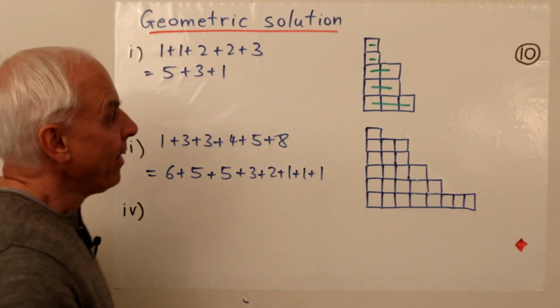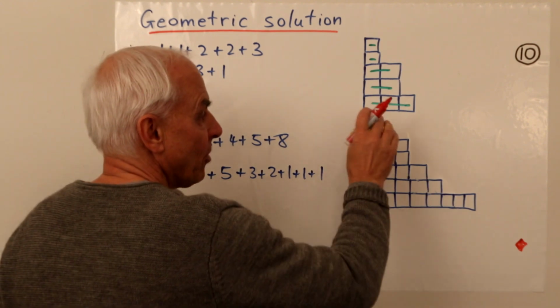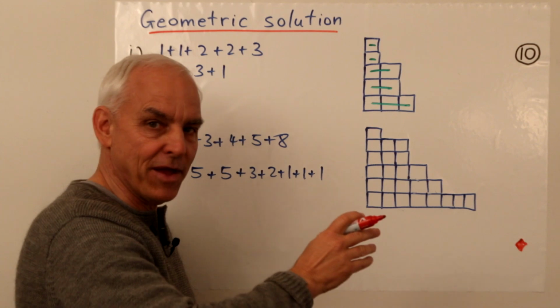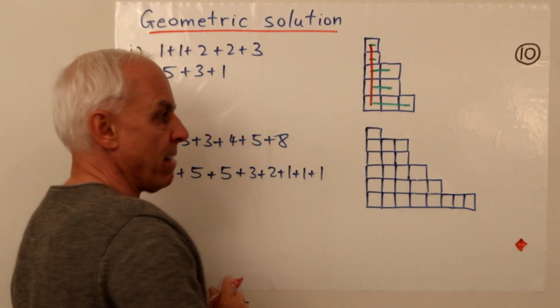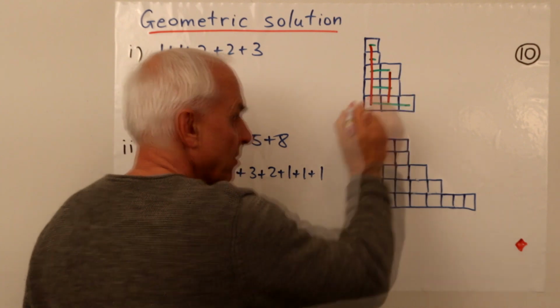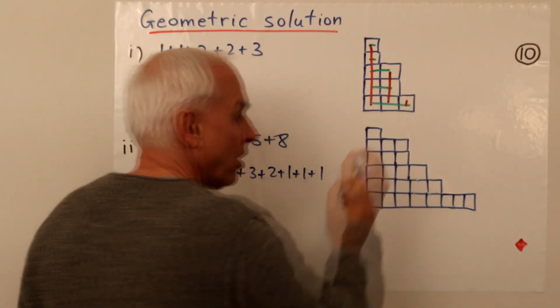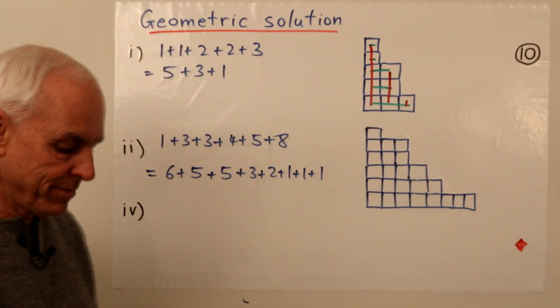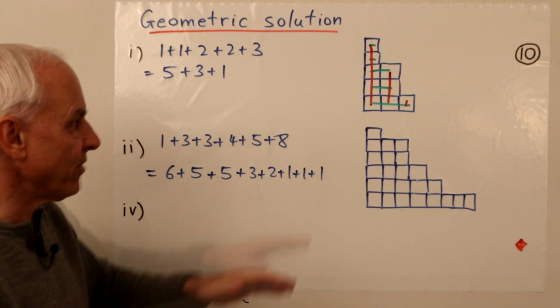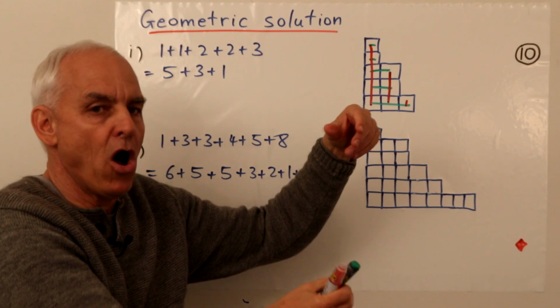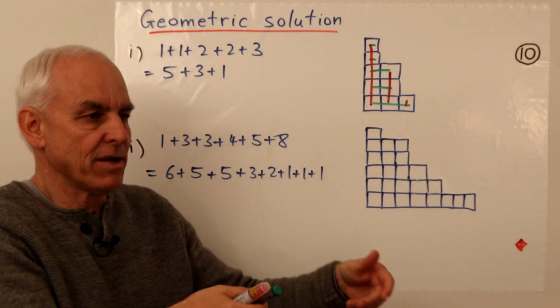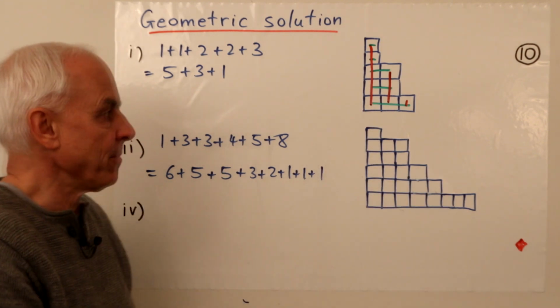Because when we look at it in terms of columns rather than rows, we see a column of 5 numbers, followed by a column of 3 numbers, followed by a column of 1 number. So those are numbers, but they're geometrically expressed as columns instead of rows, but as numbers, they're really the same.